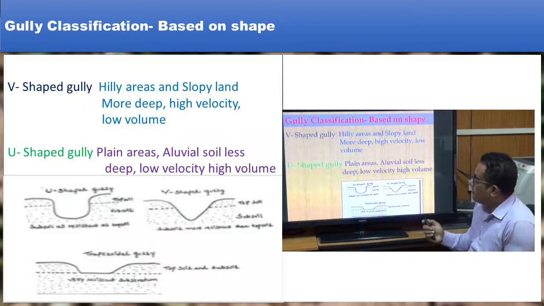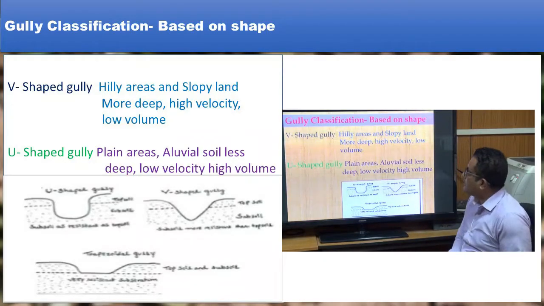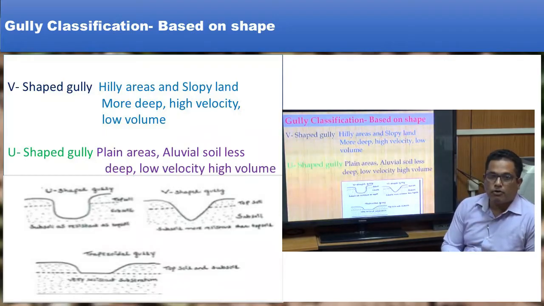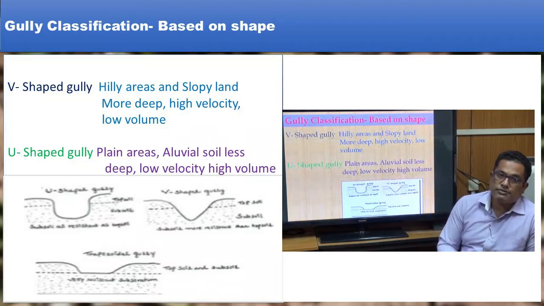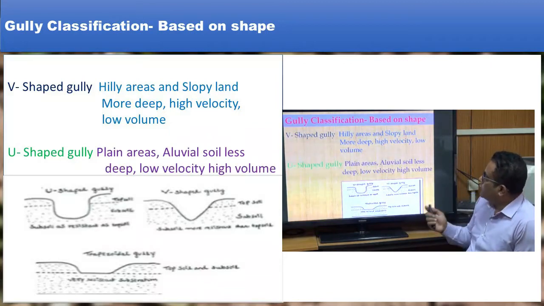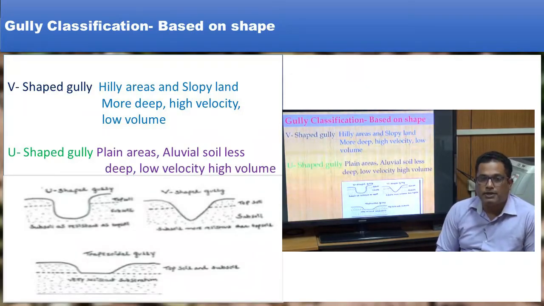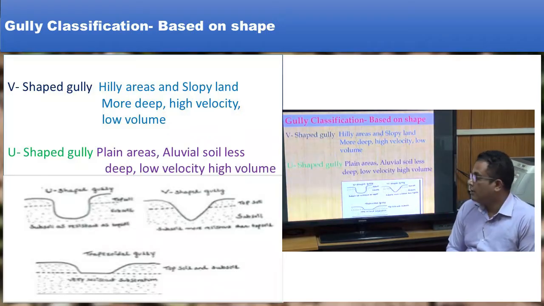Gullies are classified into many types: one based upon slope, second based upon its dimension, and third based upon its shape. Now coming to shape, gullies are classified as V-shaped gully and U-shaped gully.